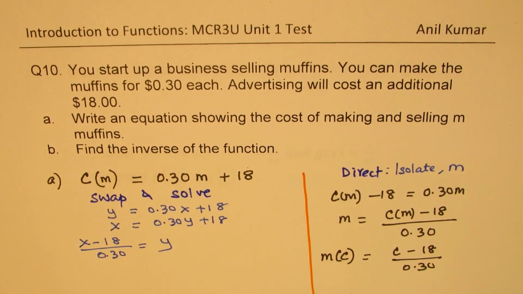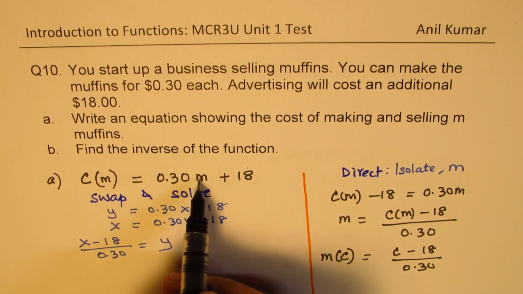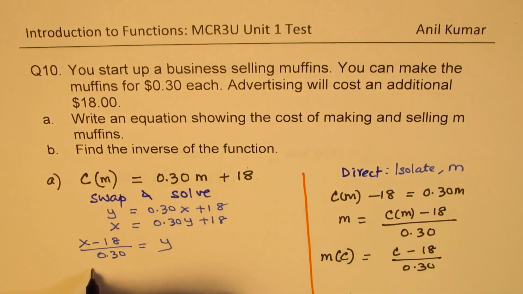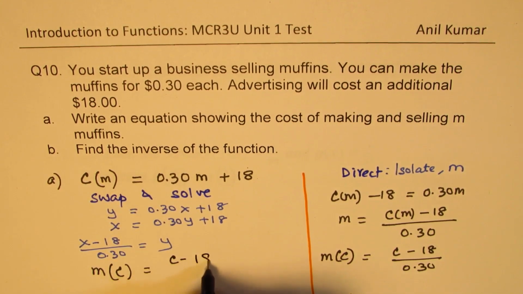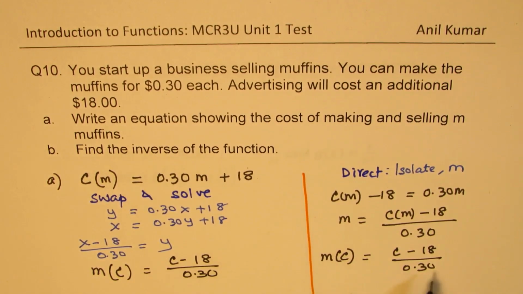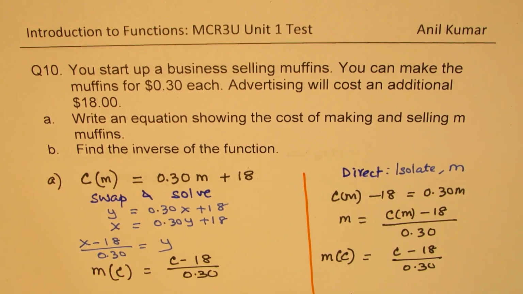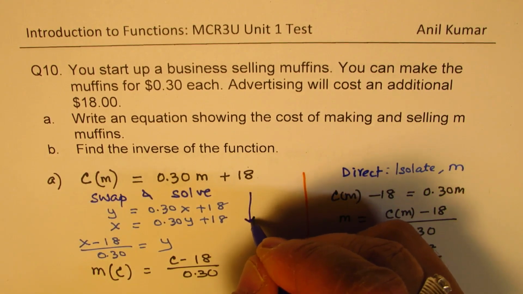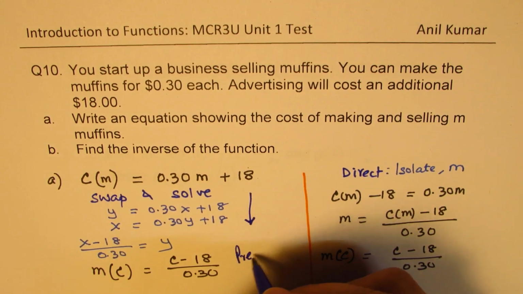And then finally, y is the number of muffins. So we got the number of muffins in terms of the cost, right? And this becomes the cost now. So cost minus 18 over 0.30. Do you see that? So both are correct methods. You could adopt any one of them. What you are being taught is this particular method, correct? So that is preferred.